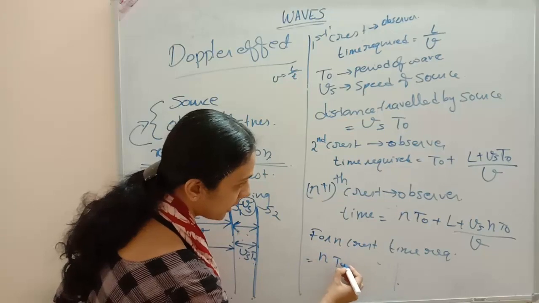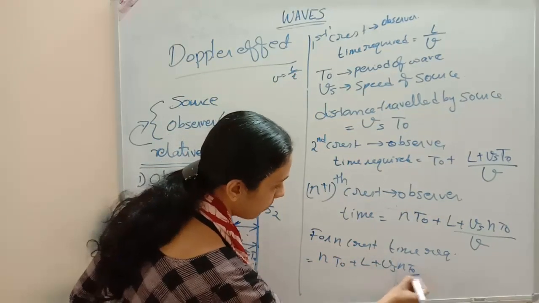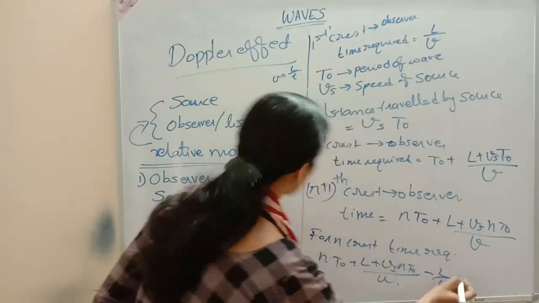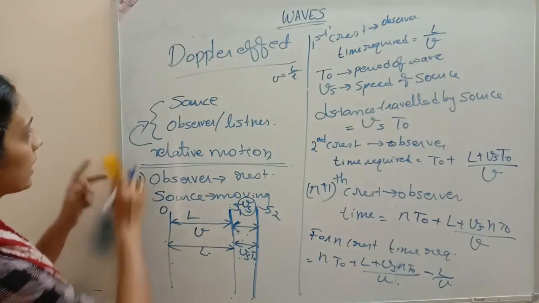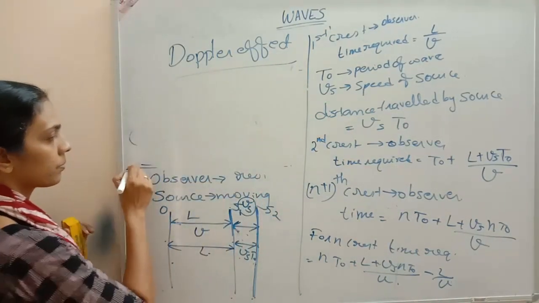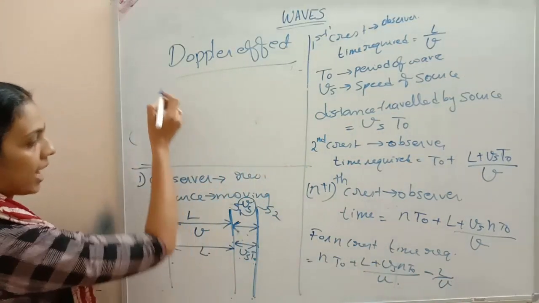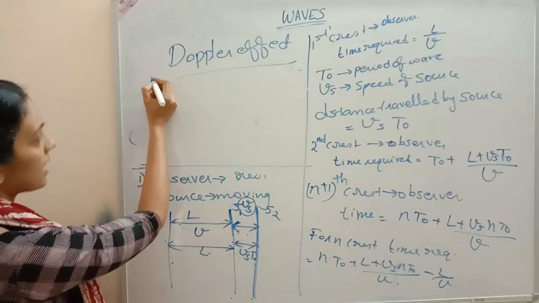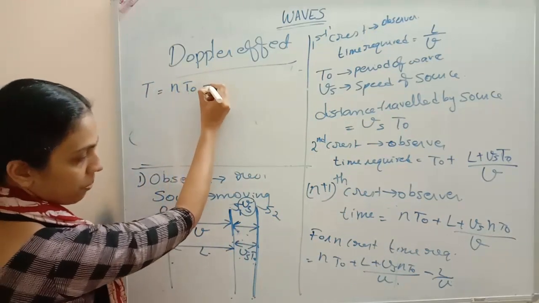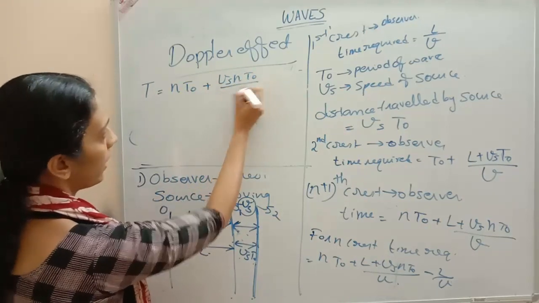So N T0 plus L plus Vs N T0 by V, minus the first crest L by V. Here L by V minus L by V will cancel. So we get T equals N T0 plus Vs N T0 by V.